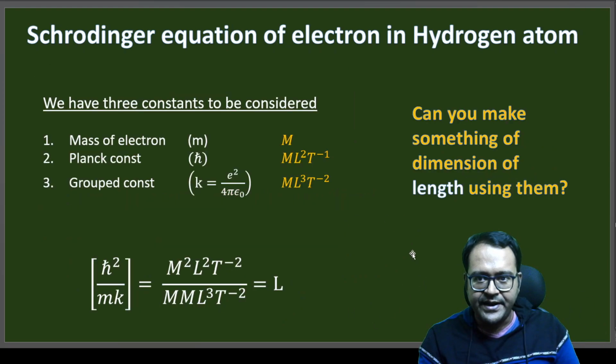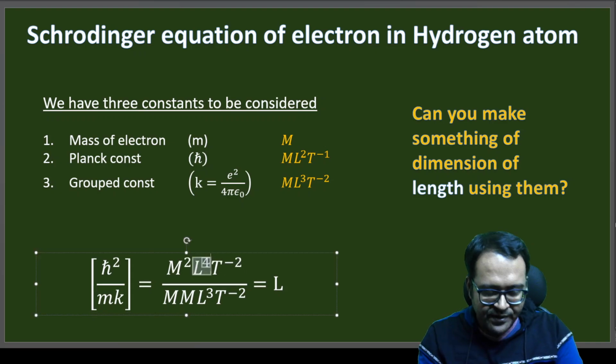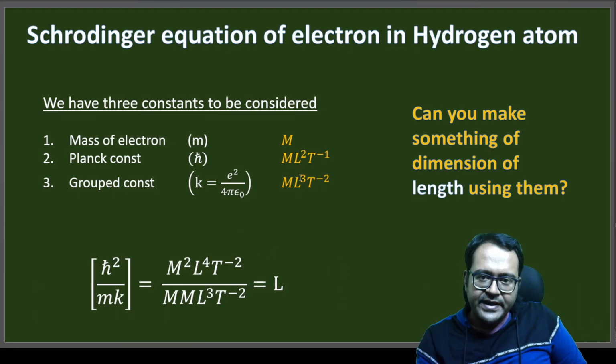That seems trivial right now. Sure. If you just divide h bar square by mk, you can easily see the length is L. h bar is m L square T to the power minus 1, so h bar square is m square L to the power 4 T to the power minus 2, and below we have m and k.